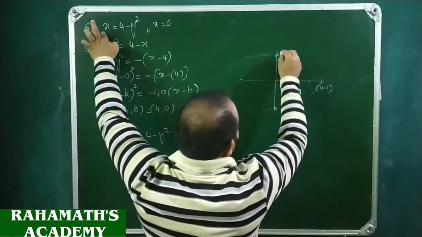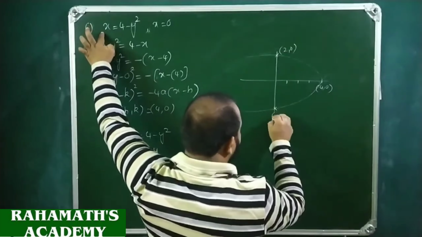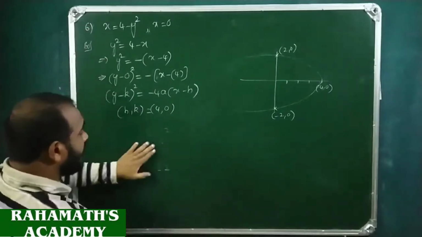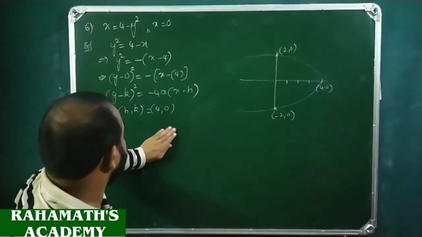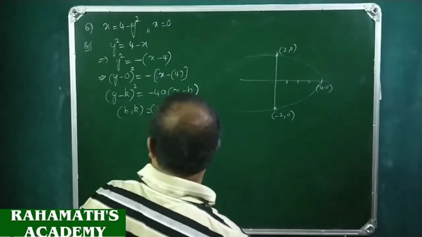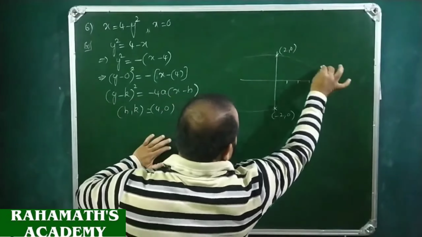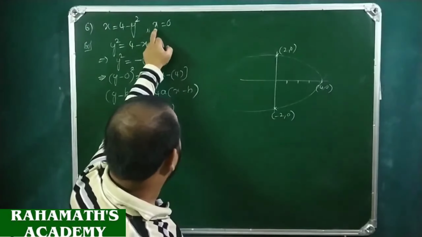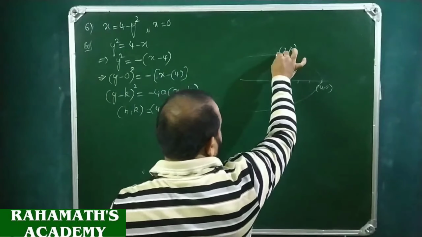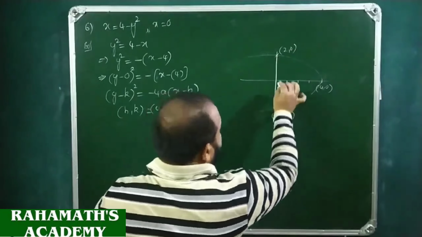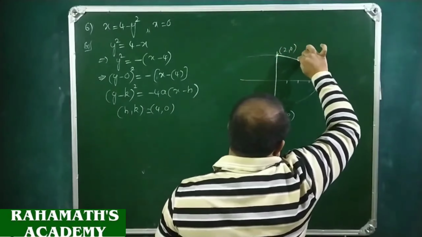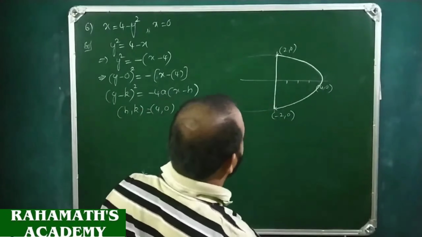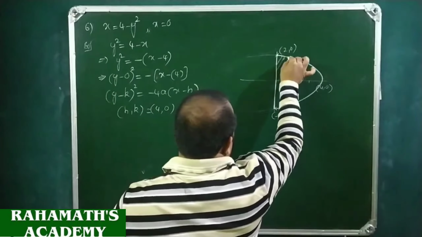That means these points are 2 comma 0 and minus 2 comma 0. Again, it is not required. Now this is the given parabola, x equals 0 is the y axis, and the area of the region between them is what we want to find.